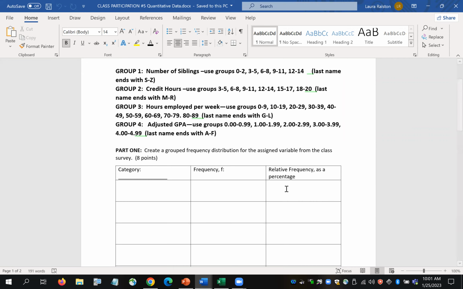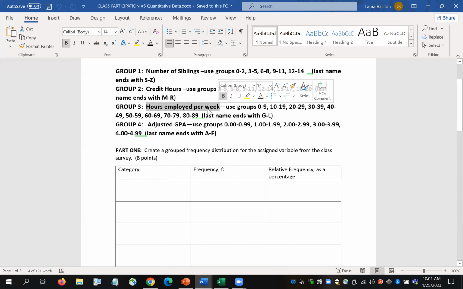So for example, I know that Alexis is in the room. Her last name is Hammock, which starts with an H. So her last name begins, not ends, but begins with a letter between G and L. So she would do hours employed per week.